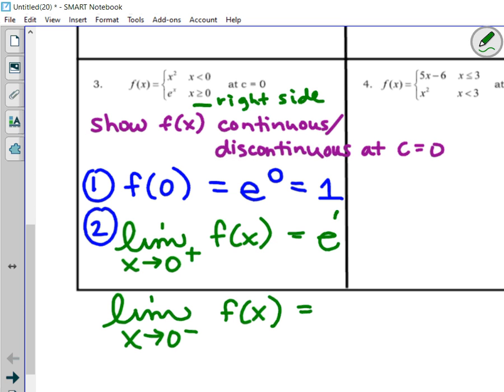I need to show everybody that's looking at my paper that I know that means I'm doing this. You're going to say, well, that's the same as f of 0. Yeah, but you still have to say it. It's where x equals 0. It's for x greater than or equal to 0, so it's the function value, and it's the right side limit.